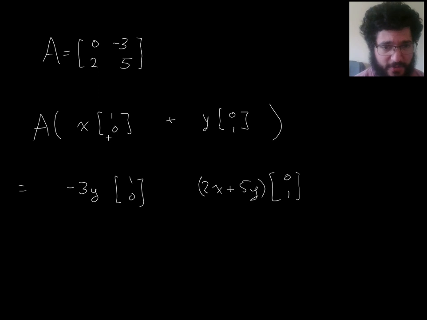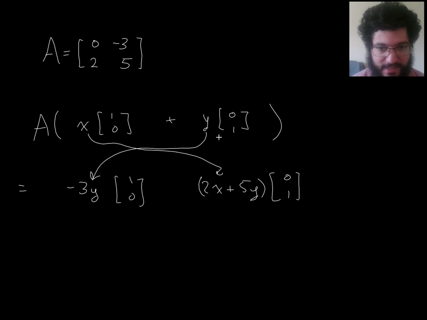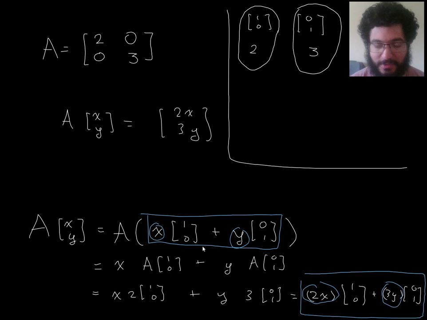Like, it looks like the coefficient of this one just became -3 times the coefficient of that one, so that one ended up there after applying A and got multiplied by -3, and then both of these end up getting combined in some way to make the second coefficient here. That is not the nice, simple kind of description we're going for, where we want the action of A to be independent, operating independently on this component and this component.